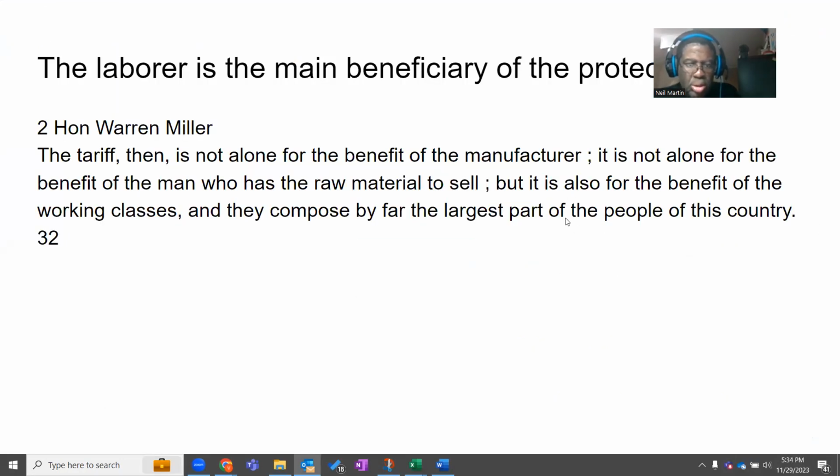All right. So they help out those three interests, and helping out those three interests, you promote the common defense, and you also promote the general welfare. The British system, on the other hand, wants to pit manufacturer against laborer, manufacturer against raw material seller. They don't want a harmony of interests.